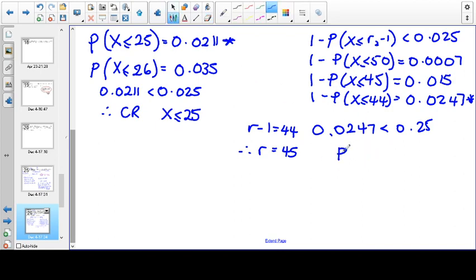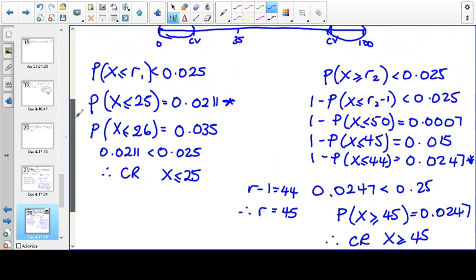So the probability that X is greater than or equal to 45 is 0.0247. Therefore, the critical region is X is greater than or equal to 45.